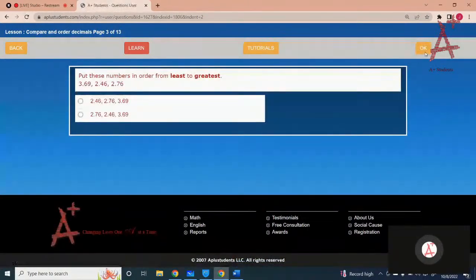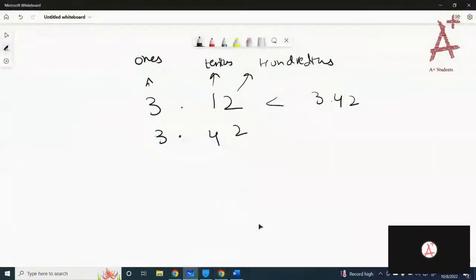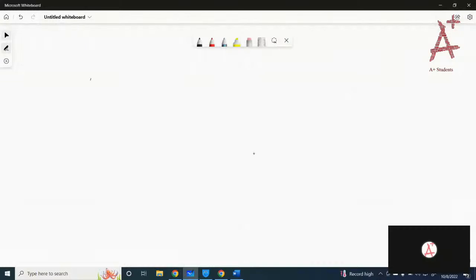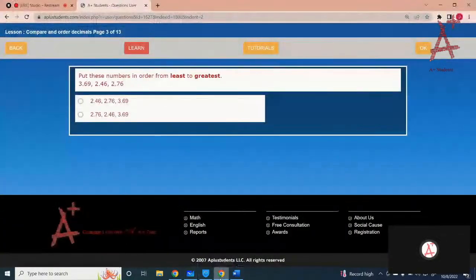Okay, put these numbers in order from least to greatest. They are 3.69, 2.64, and the next one is 2.76.